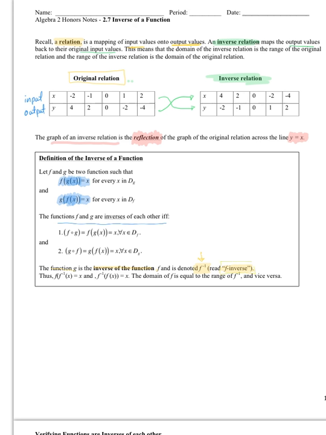So you're taking the inverse of f. So f composed with its inverse is x, and f inverse composed with f is x. So the domain of f is equal to the range of f inverse and vice versa. So hopefully you're recognizing that.